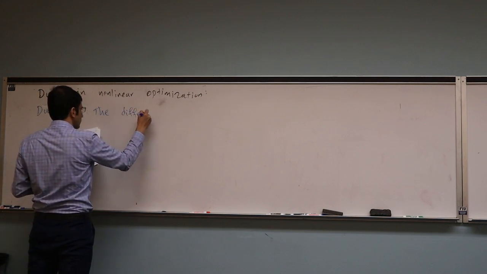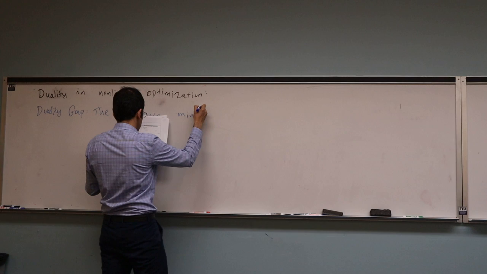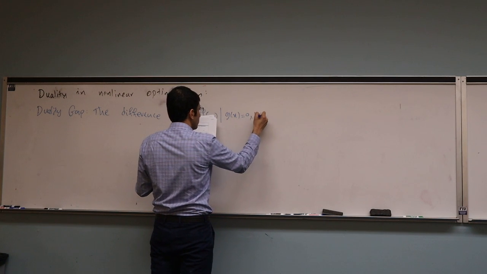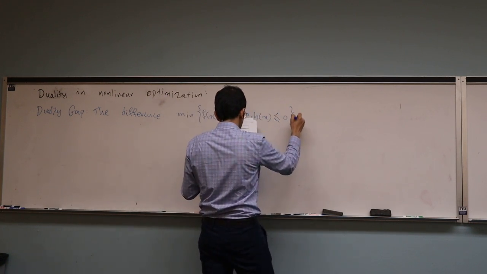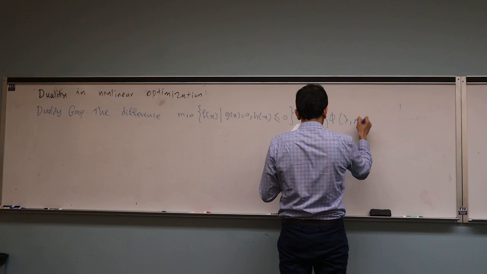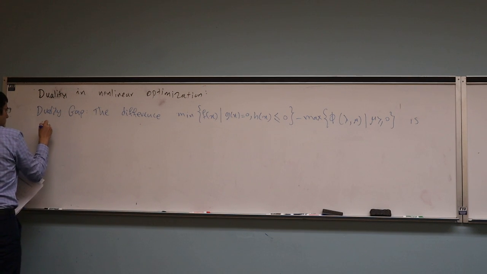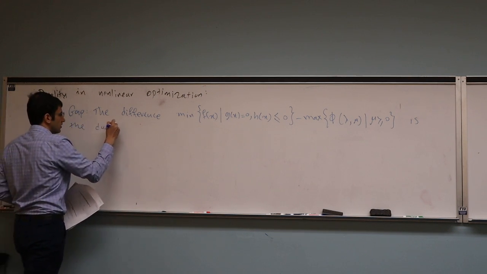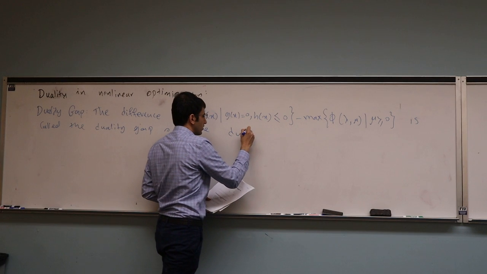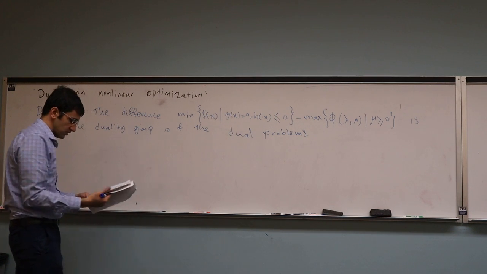The difference of minimizing f of x subject to g of x equal to 0, h of x less than or equal to 0, minus maximizing phi of lambda and mu, where mu's are positive, is called the duality gap of the dual problems. So that's just the basic definition.